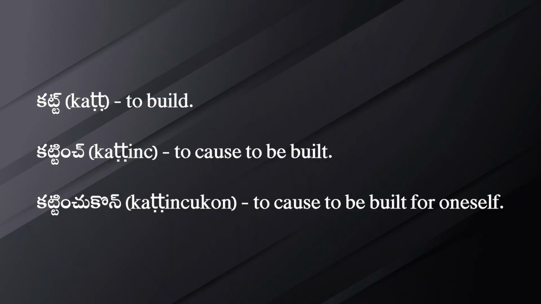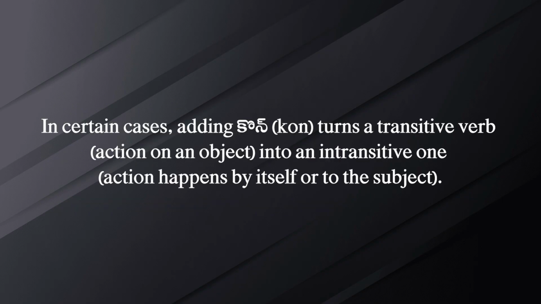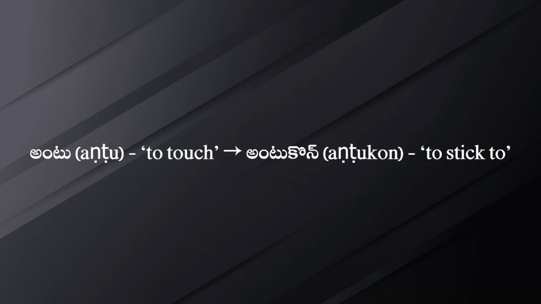Example, katt, to build, kattinchu, to cause to be built, kattinchukonu, to cause to be built for oneself. Intransitive transformation. In certain cases, adding kon turns a transitive verb into an intransitive one. Example, antu becomes antukonu, to stick to.